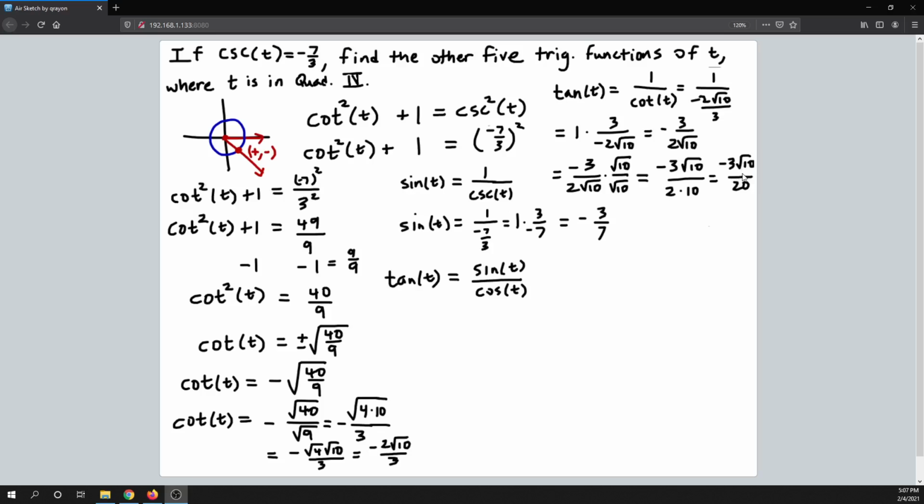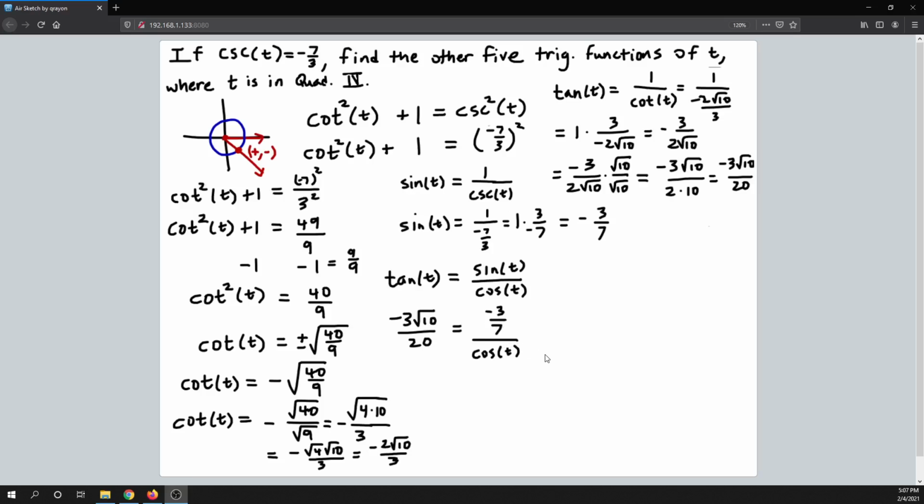We know the tangent is minus 3 square roots of 10 over 20. And we know that the sine is negative 3/7, like so. So then all we need to do is solve this equation here.